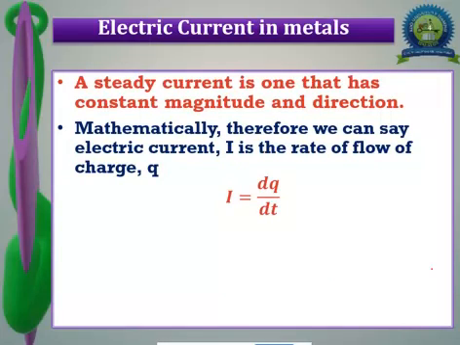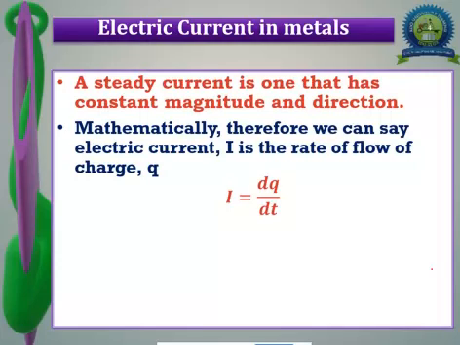A steady current is one that has constant magnitude and direction. When you say a current is steady, it means the magnitude is constant and the direction of flow is also constant.